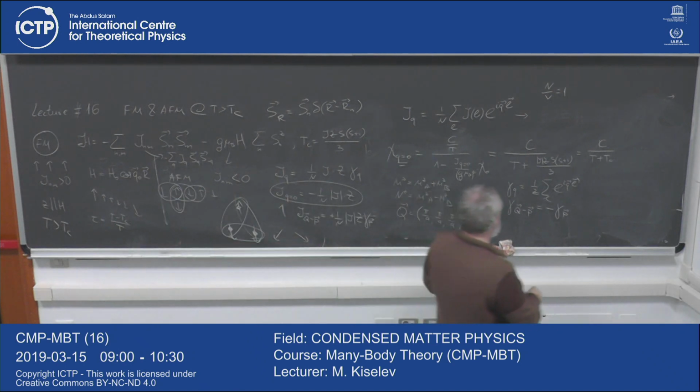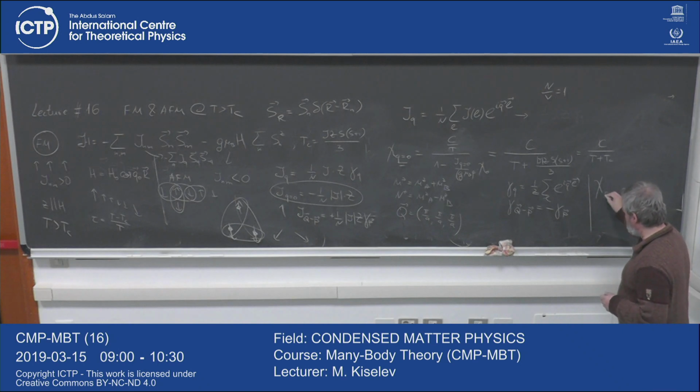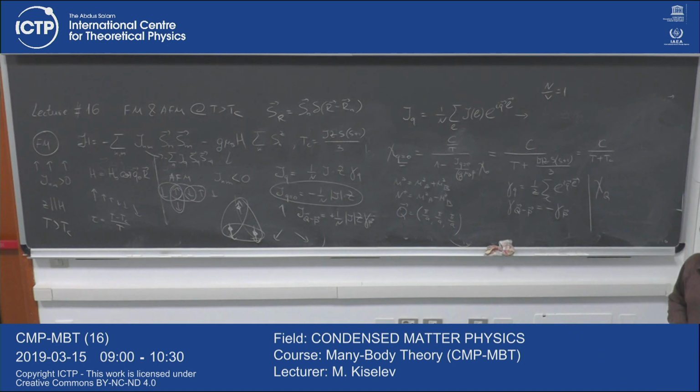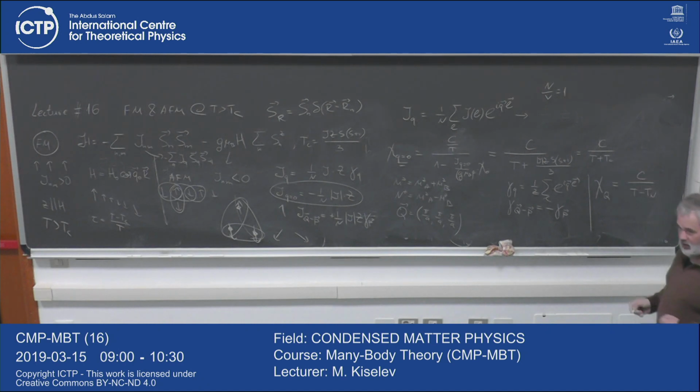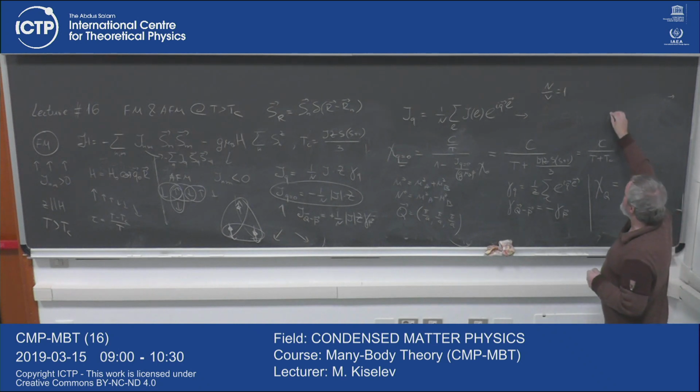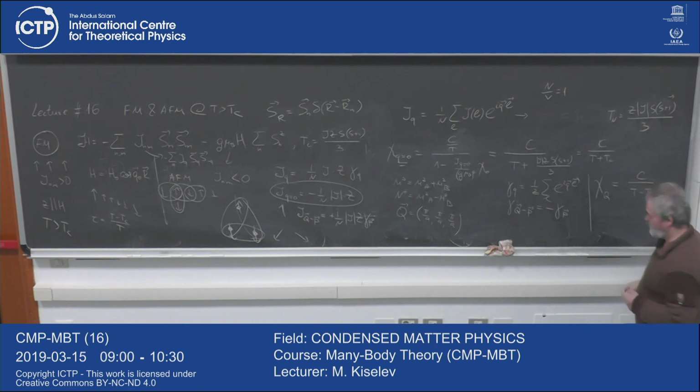It means that the susceptibility chi at the reciprocal vector Q behaves as constant over T minus T_N, where T_N is the Néel temperature, T_N equals Z modulus J times S plus 1 over 3.